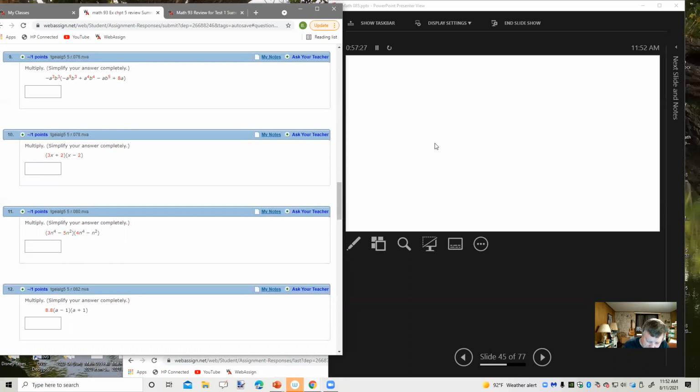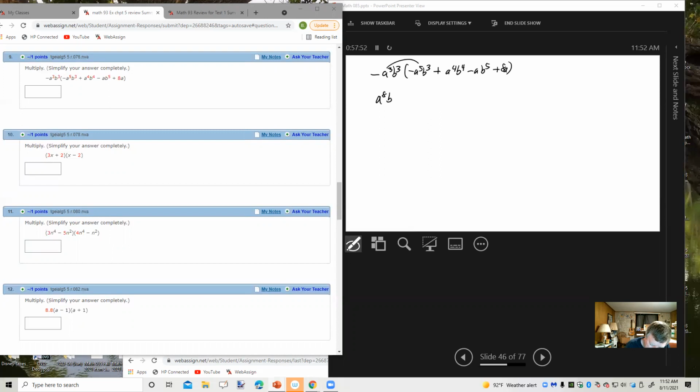So multiply negative a cubed b cubed times the quantity negative a to the fifth b cubed plus a to the fourth b to the fourth minus a b to the fifth plus 8a. So distributing, negative times negative is positive.